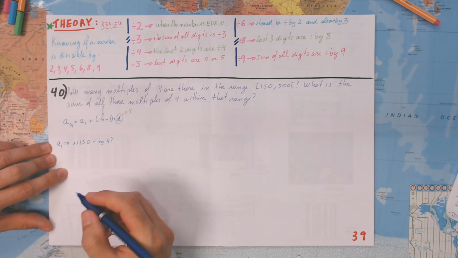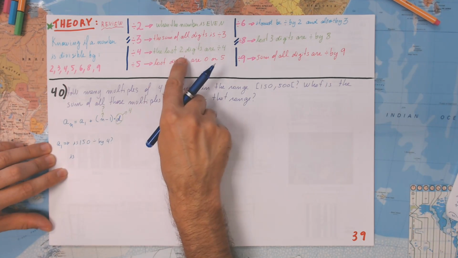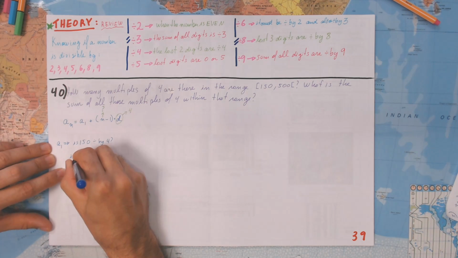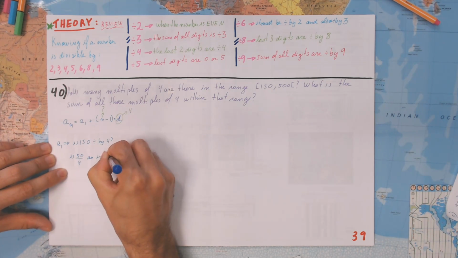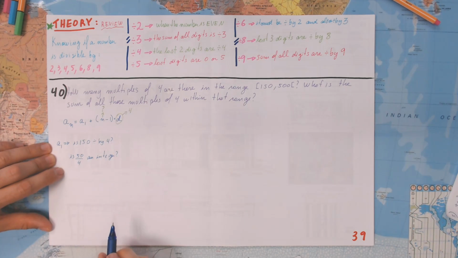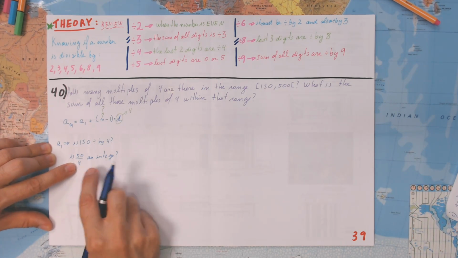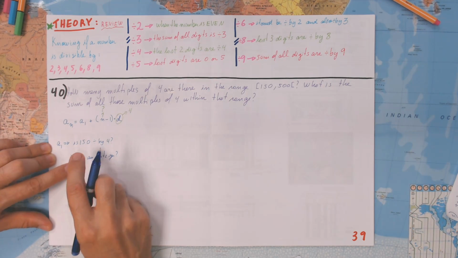And actually the question is, is 50 divisible by 4, an integer? That is the real question. We know that 50 divided by 2 is 25. 25 divided by 2 does not give an integer. So 150 is not going to be divisible by 4, okay?